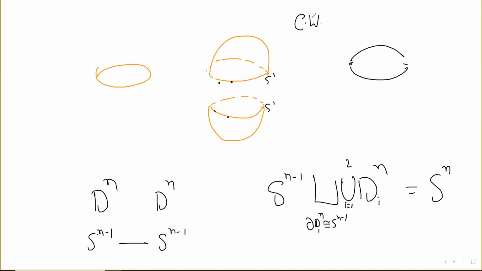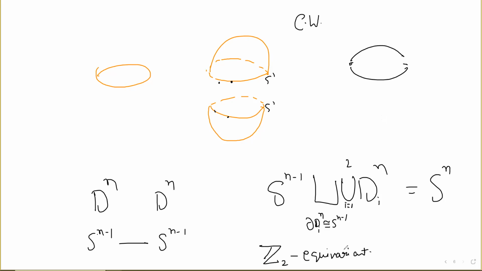When you read, you can tell me next. But it is a CW complex structure, and it is more than that. It should be a Z2-equivariant CW complex structure.